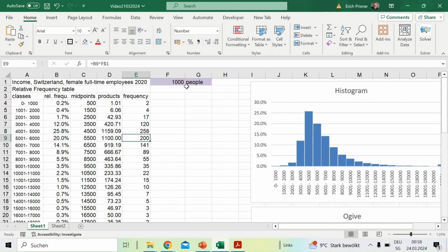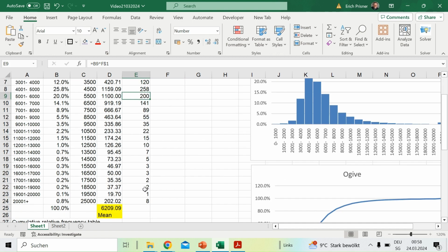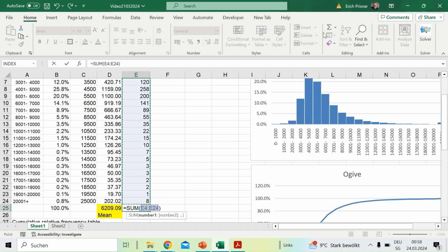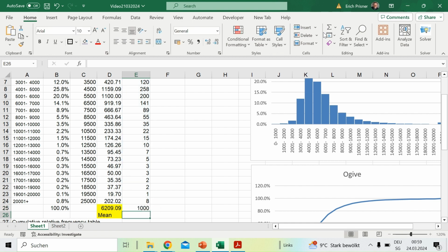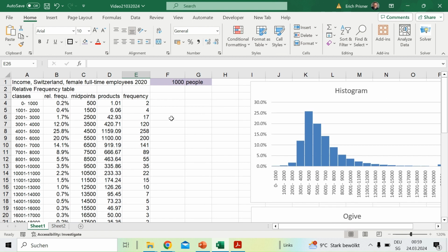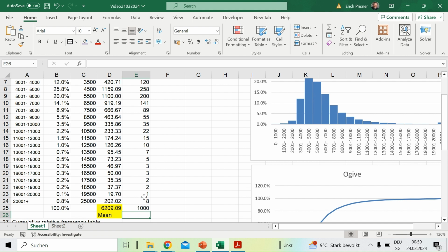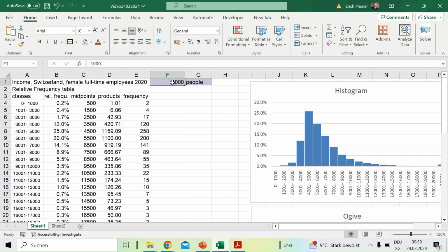So everything is fine. And the sum of these persons in the group, so if I go to the auto sum again, how many people do we have totally? Well, we have 1,000. So this is not a surprise because that was our assumption. So we assume we have 1,000 people. We calculate the frequencies, we add them up, it's 1,000.